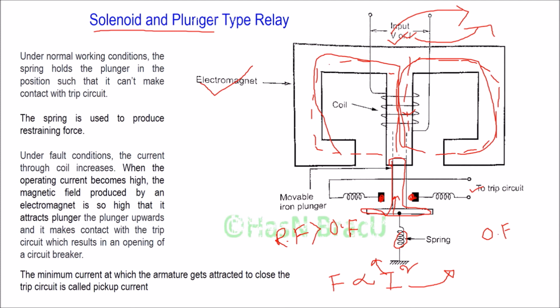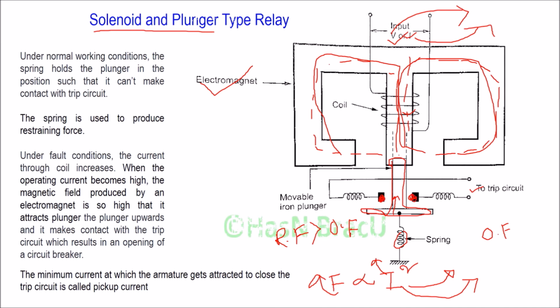The value of current, this value I, is very high. If the current is very high, then the operating force will be very high, right? So this high amount of operating force attracts the plunger upwards and the plunger makes contact with this trip circuit.